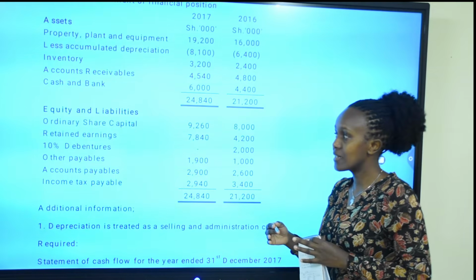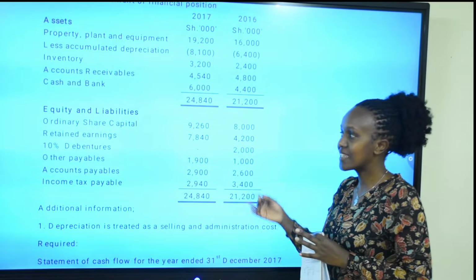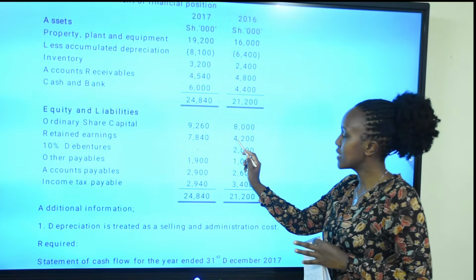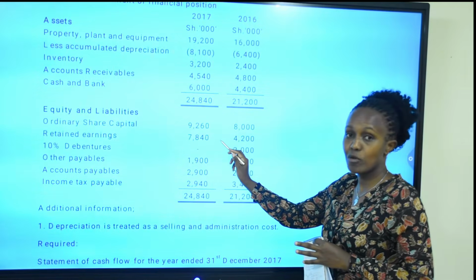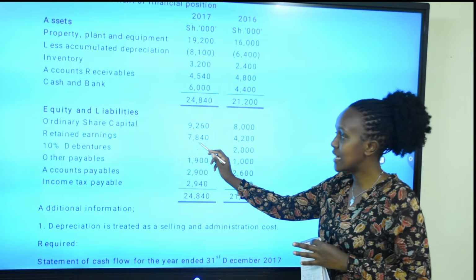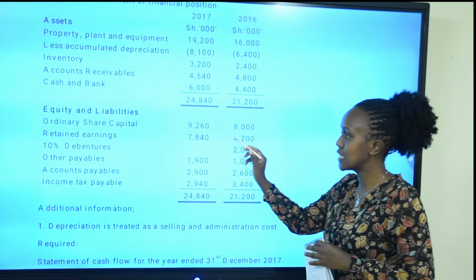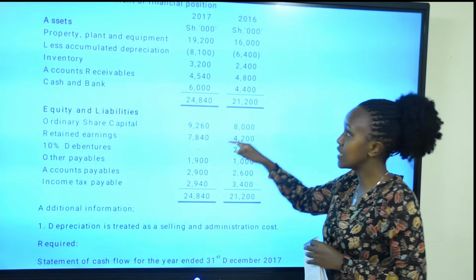So the money that remains after you have paid dividends and taxes is added to the retained earnings. So during the year, they must have added 3,640 of the amount that remained after paying dividends and taxes to the retained earnings. That is why they have increased from 4,200 to 7,840. And that amount is given above.